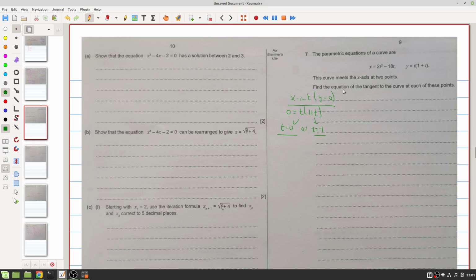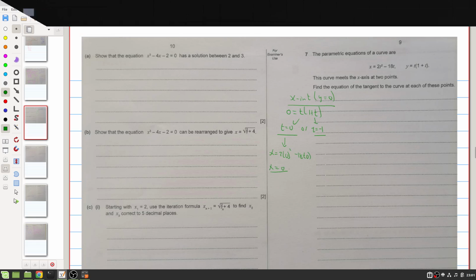Okay, so we can also find the y values when t is 0 to get our coordinates. Well, the y values will also be 0, right, because we know y is 0 at that point. So we can also find the x values for this. So x equals 2 times 0 squared minus 18 times 0, so x equals 0 minus 0, which is 0.